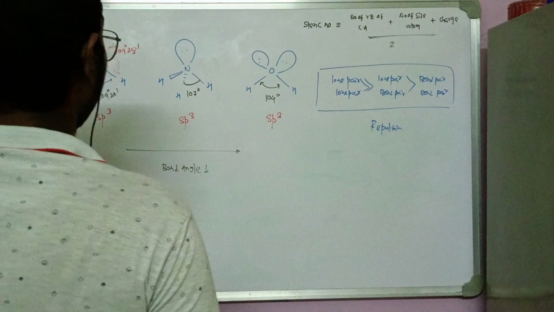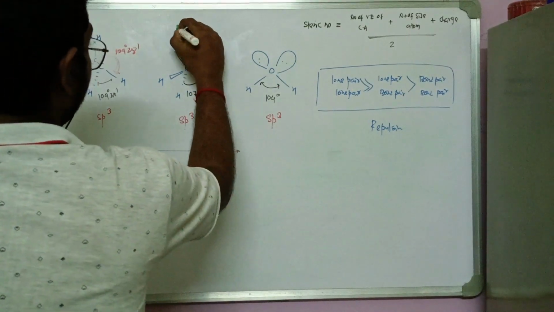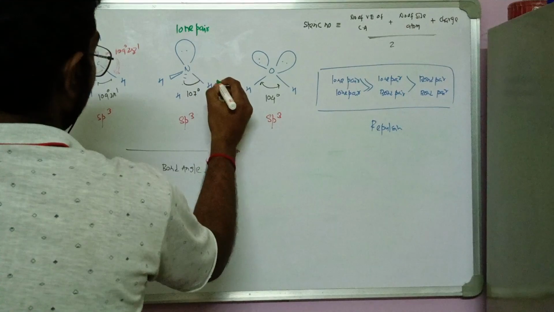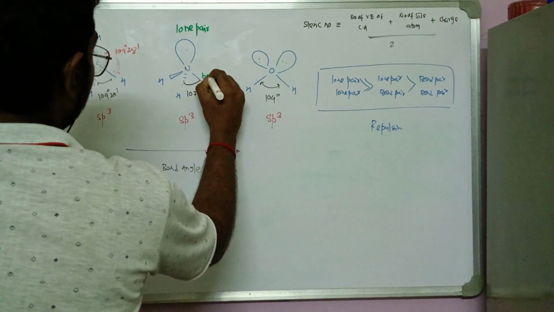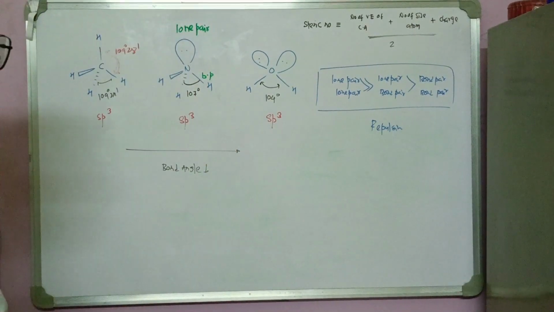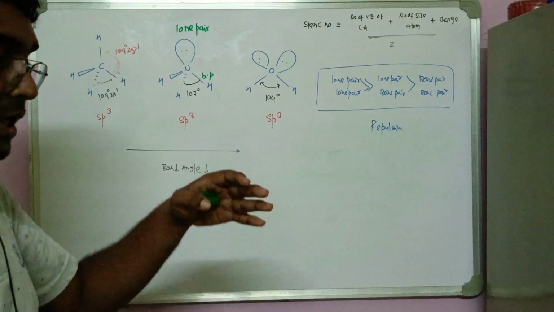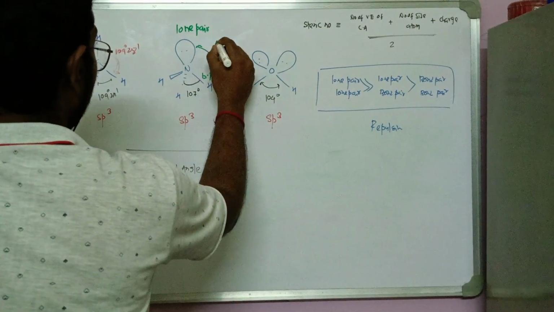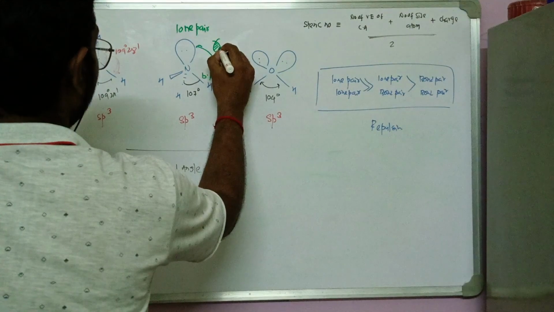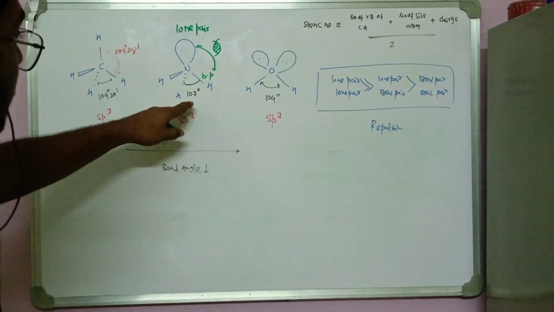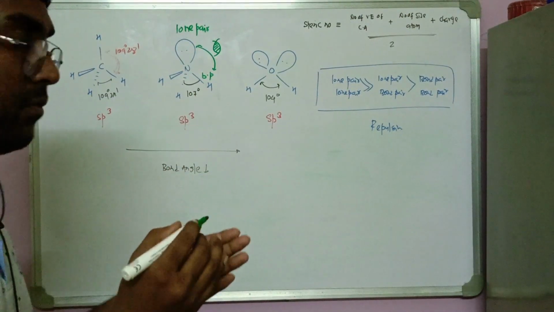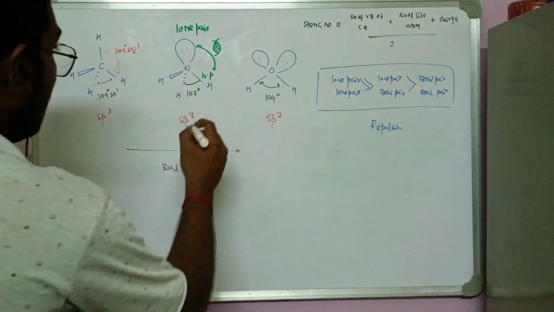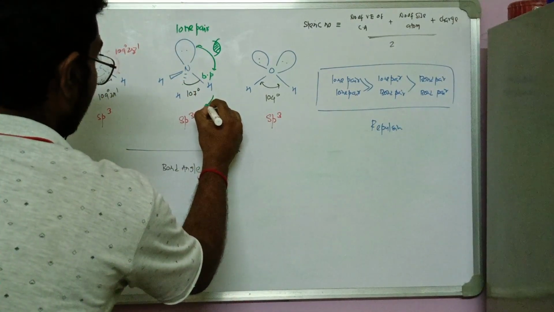But in the case of ammonia, let's see, this is a lone pair, and this is a bond pair. Let's suppose this is BP and this is LP. So the lone pair will have a tendency to repel the bond pair. So there will be a lone pair bond pair repulsion. For that reason, the bond pairs will have a tendency to get pushed inward.